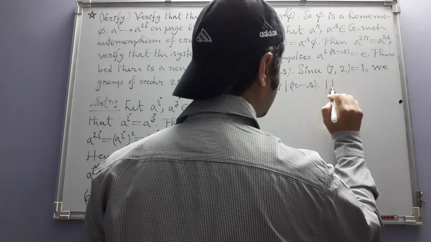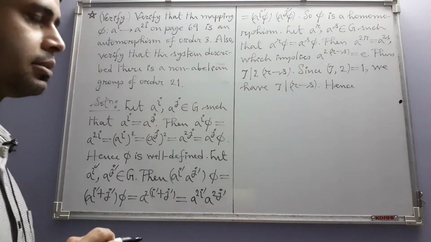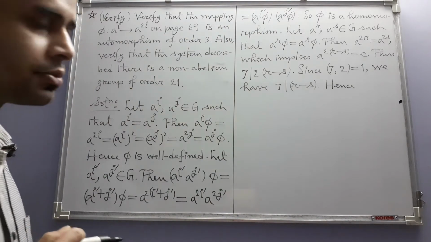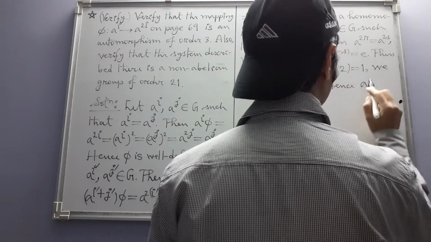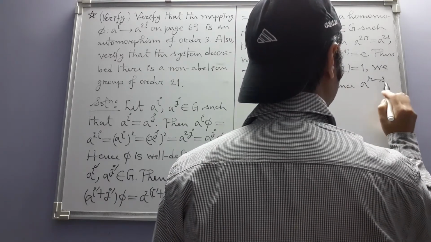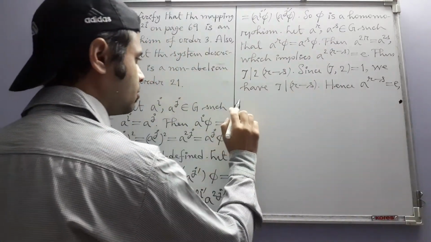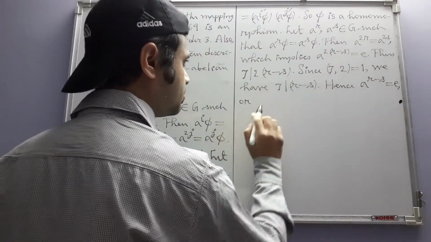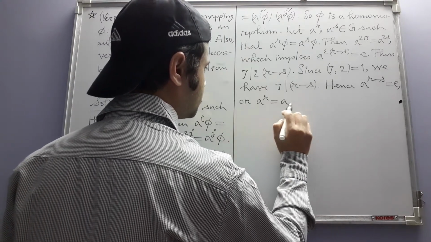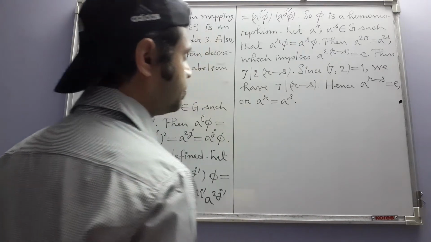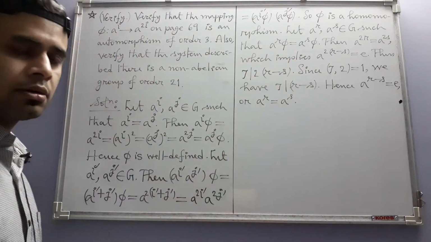Hence, now since 7 divides r minus s, that means r minus s is a multiple of 7, and 7 is the order of A. So this is equal to identity, or this. So when images are equal, the inputs are also equal.